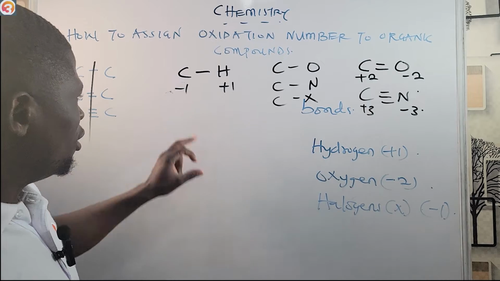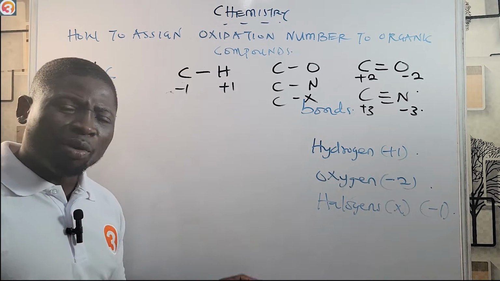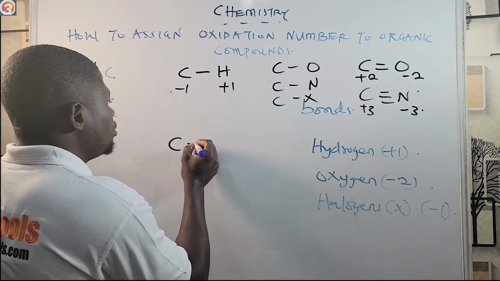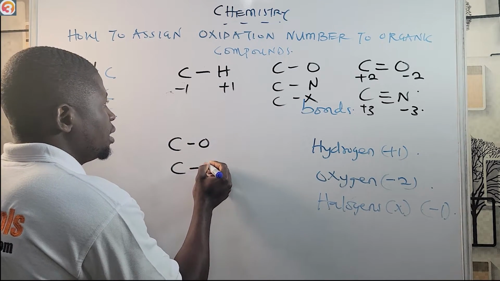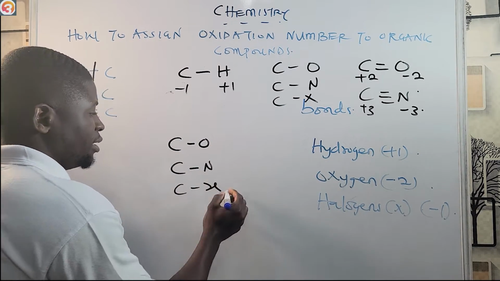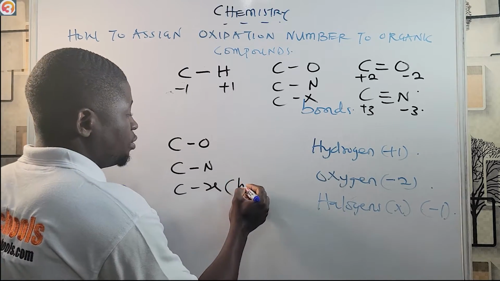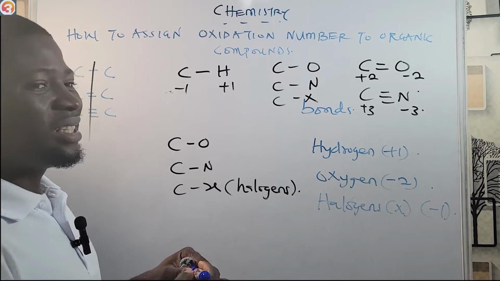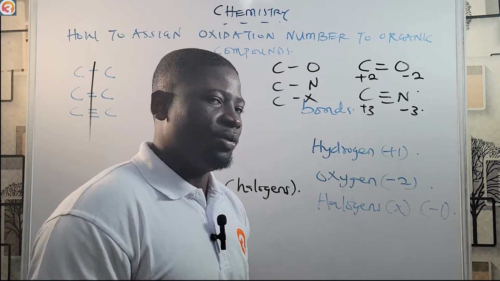Now, carbon will have a positive charge when, for example, it is bonded C to O, C to N, C to X. Remember that X represents halogens here, that is the elements in group 17 or group 7A of the periodic table.